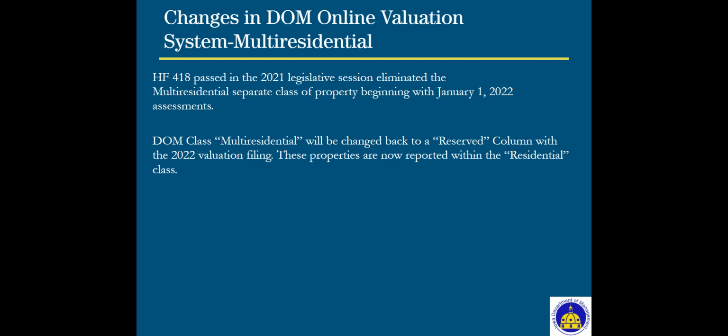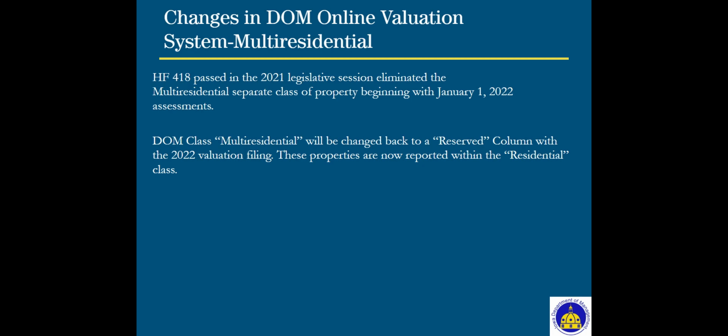So when you're in there pulling valuations and looking at perhaps information for the 2022 assessment, you'll see that the Department of Management property class multi-residential has been changed to a reserved class because it is no longer used.